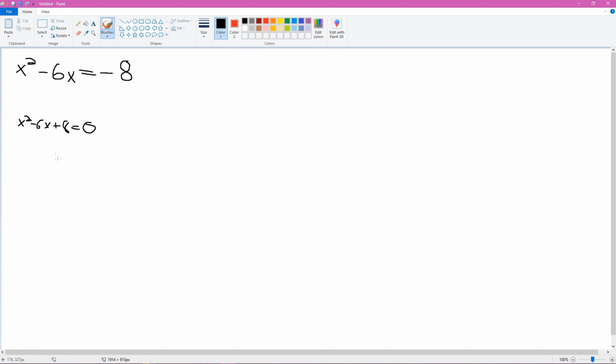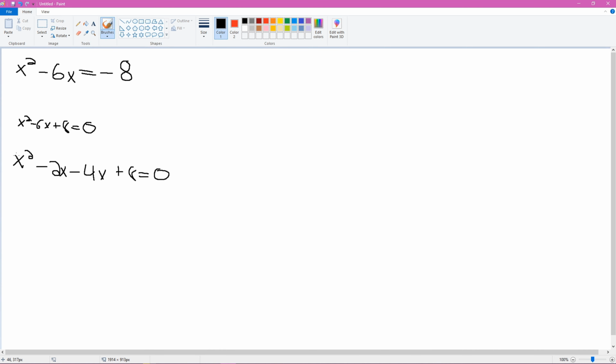So we'll split that up to x squared minus 2x minus 4x plus 8 equals 0. And then we'll factor by grouping.